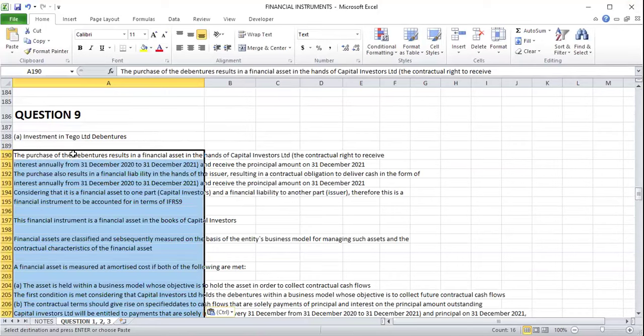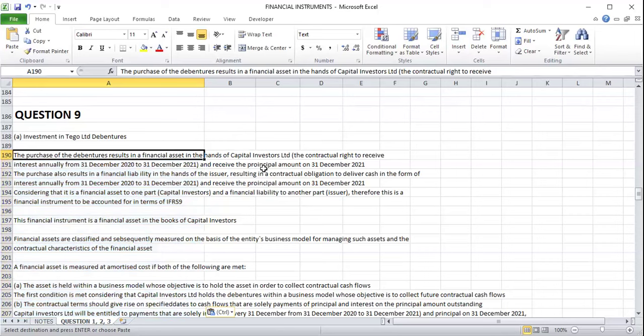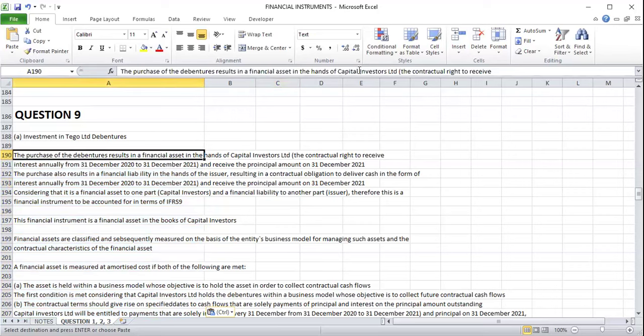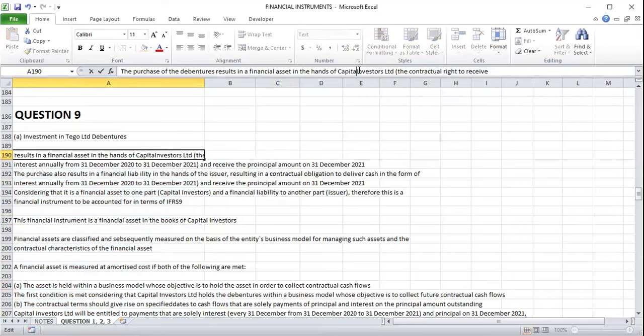Right. The purchase of the debentures results in a financial asset in the hands of what? It's no longer capital investors. It's Investco Limited. Right.